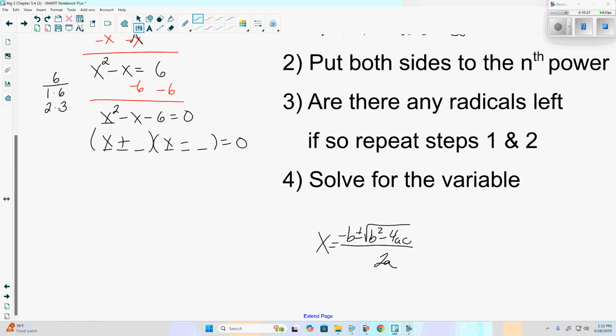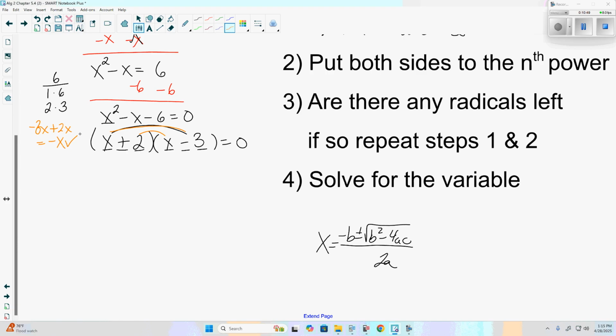Which one do we want to try first? 2 and 3. Which one do we want to put first? 2, 3. I'll go on and check it just to make sure. X times negative 3 is negative 3x. 2 times x is positive 2x, giving us the negative x middle term that we wanted.